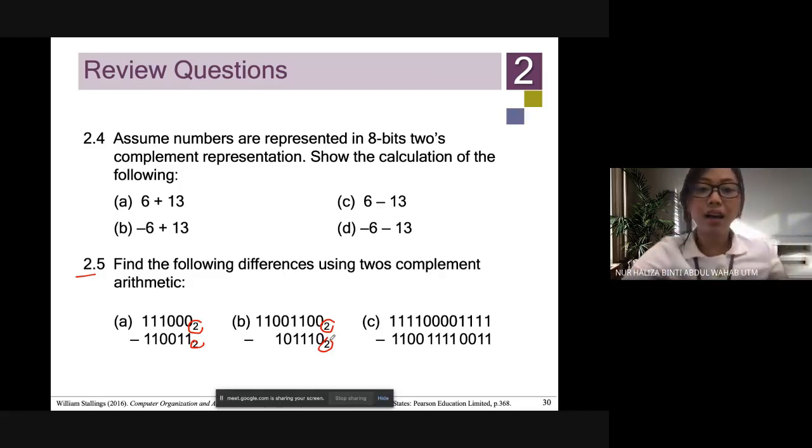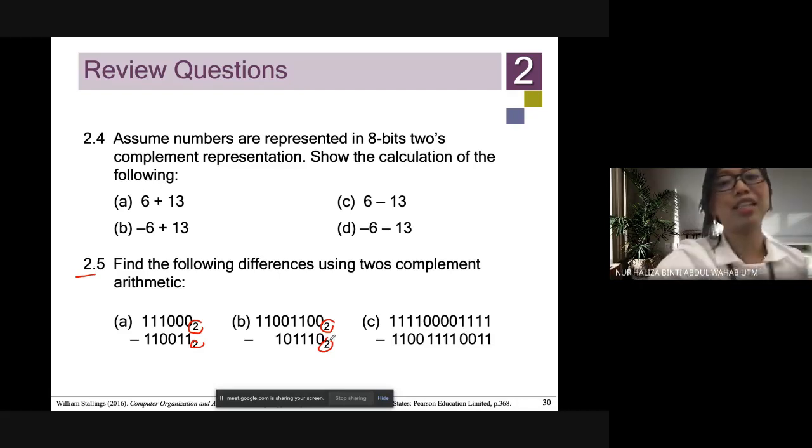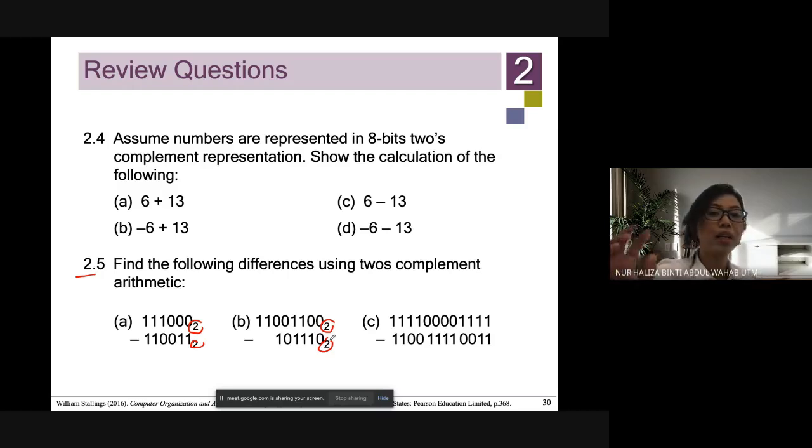Okay, and normally in a test or quiz, it's not going to be confusing like this. It's quite confusing, right, whether this is already second complement or first complement. Basically, the question is going to be very detailed, stating whether this one is binary, first complement or second complement.